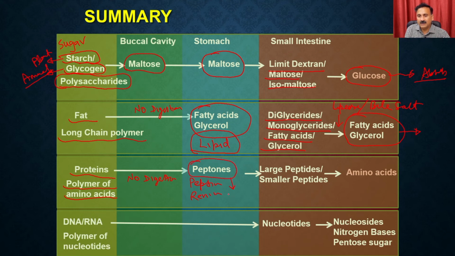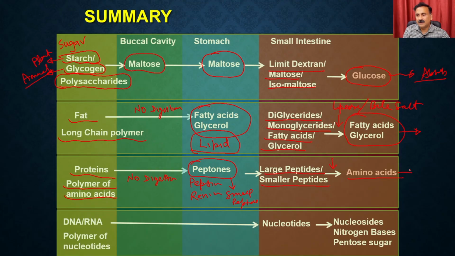Peptone is nothing but a small peptide, and this peptone then enters the small intestine. Whether we started with large peptides or small peptides, they are going to be converted into amino acids by proteases like trypsin, chymotrypsin, carboxypeptidase, aminopeptidase, elastase and all that. So ultimately the amino acids are going to be absorbed.